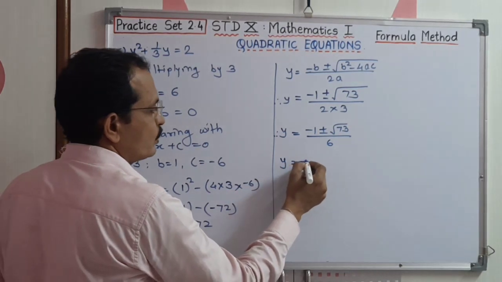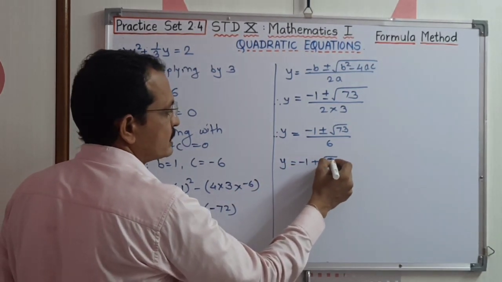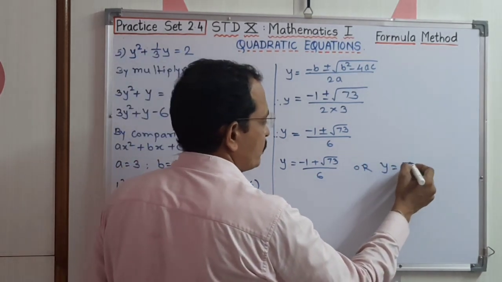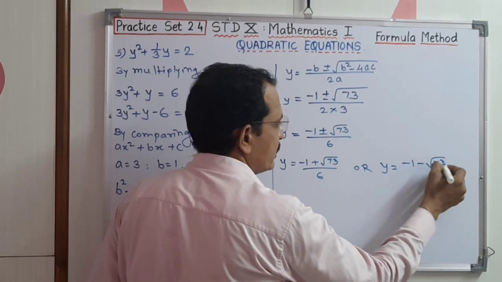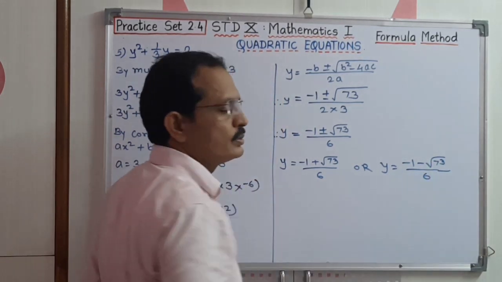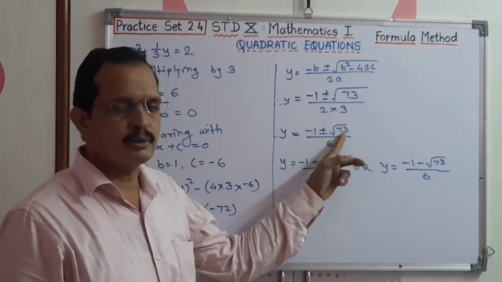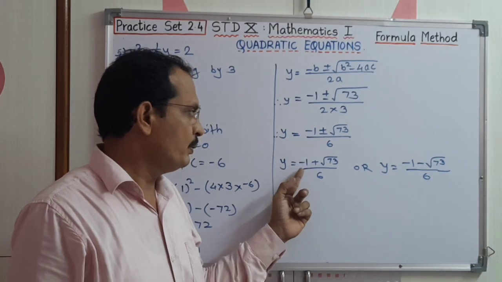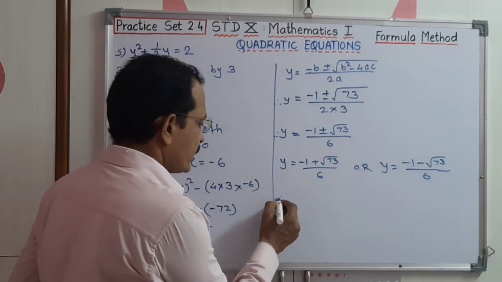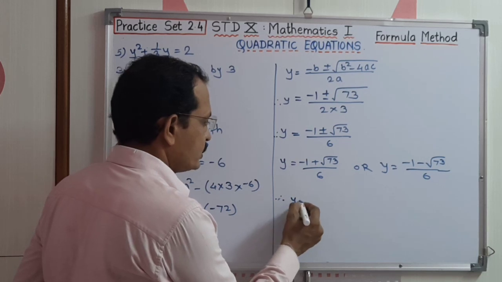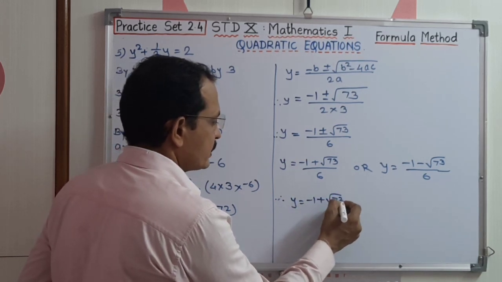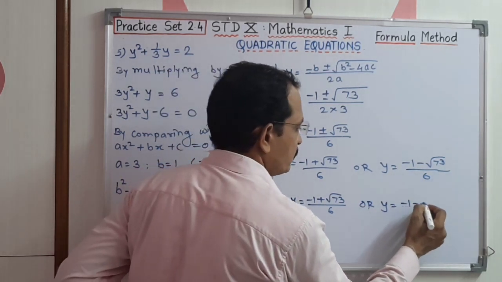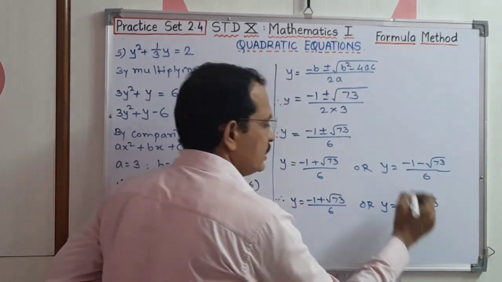Now y is equal to minus 1 plus root 73 upon 6, or y is equal to minus 1 minus root 73 upon 6. As we simplified in the previous sum, this 73 we can't simplify. Therefore, these are the roots. Final answer: y is equal to minus 1 plus root 73 upon 6, or y is equal to minus 1 minus root 73 upon 6.